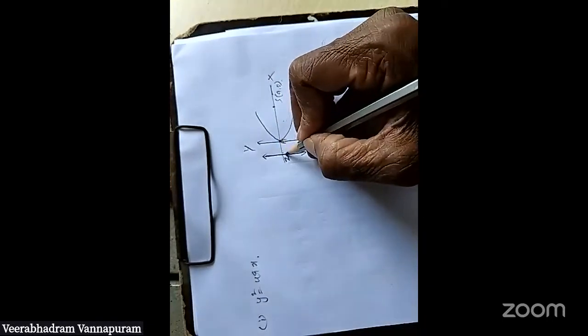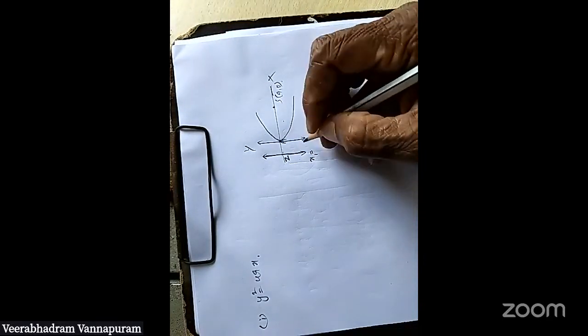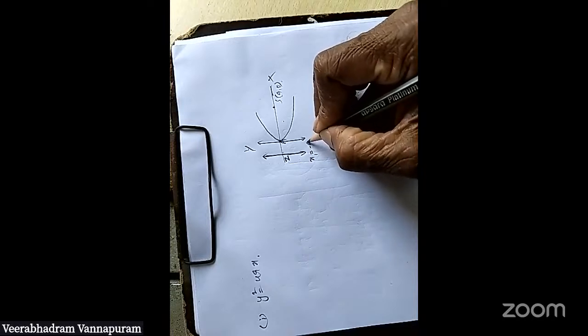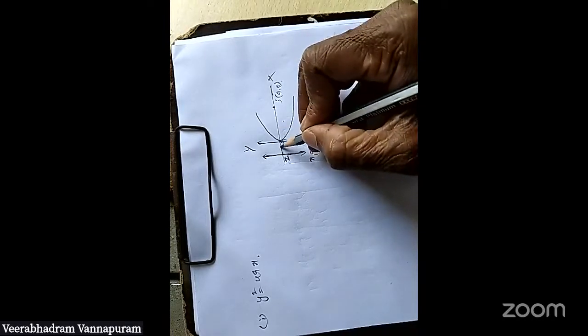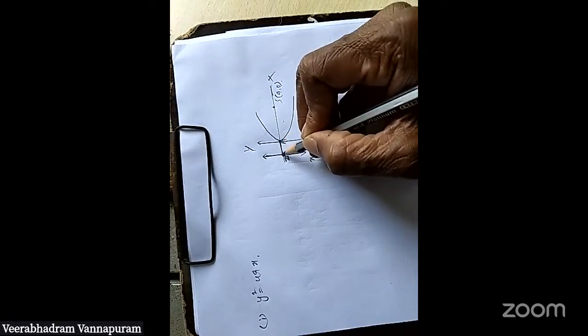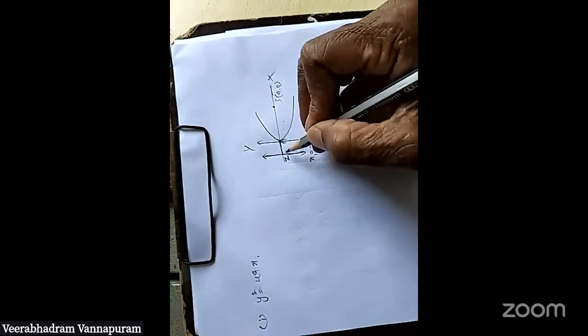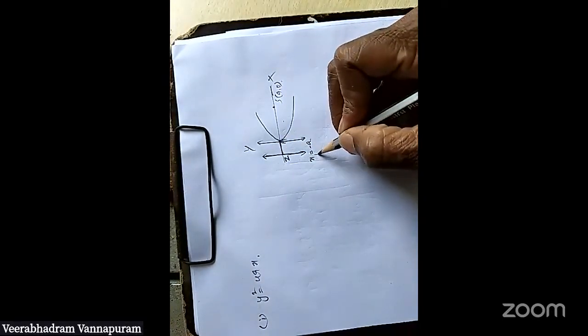Therefore, the equation of the directrix is x equal to minus a. Since it is at a distance of small a in the negative direction of the x-axis, the equation of the directrix is x equal to minus a.